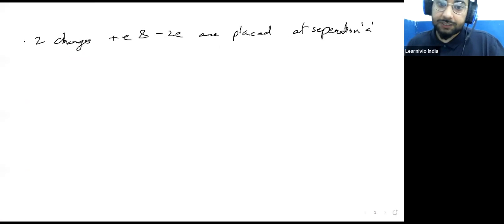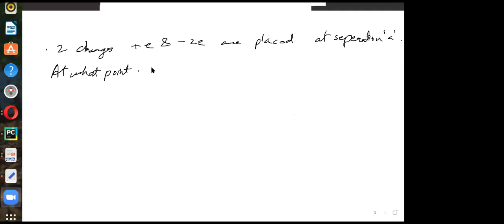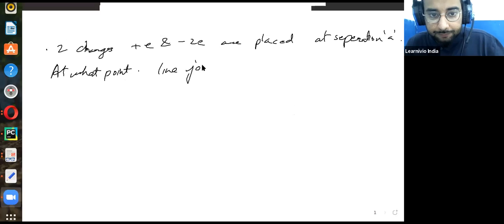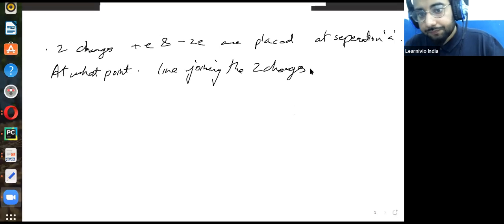Let's call the separation a. At what point on the line joining the two charges is the electric field zero?